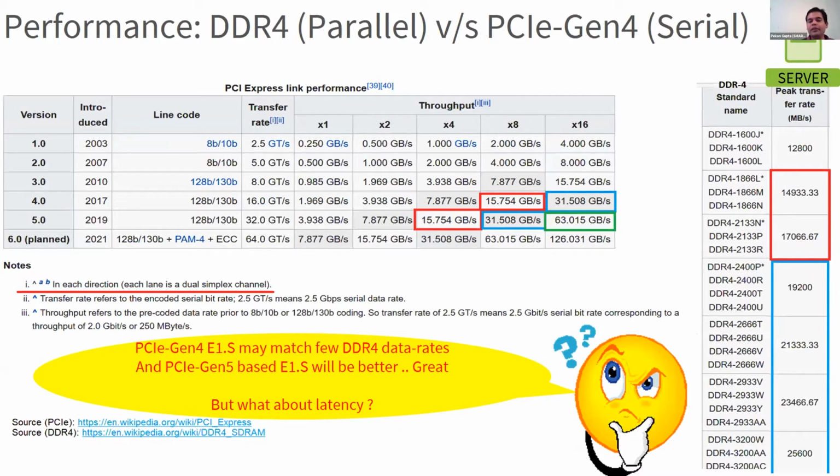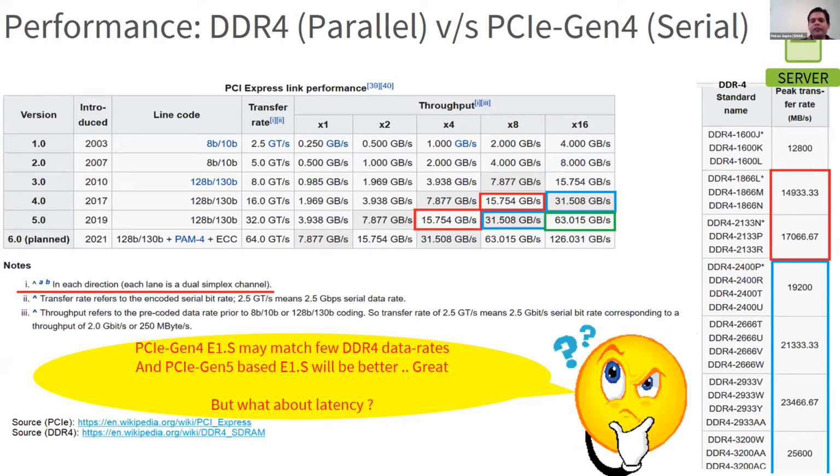Before I go into the details, please look at the units. The DDR4 performance numbers are in megabytes per second, so you have to divide by a factor of 1024 or 1000 in order to make them comparable to the left-hand side figures, which are in gigabytes per second.